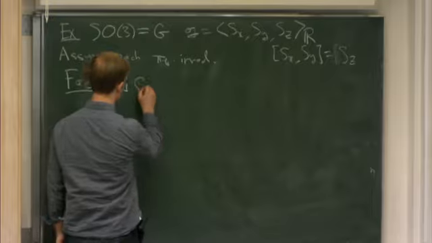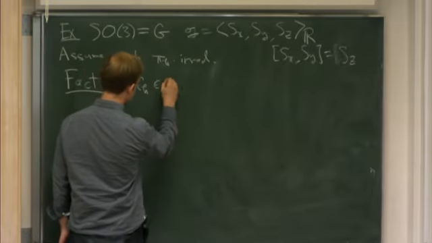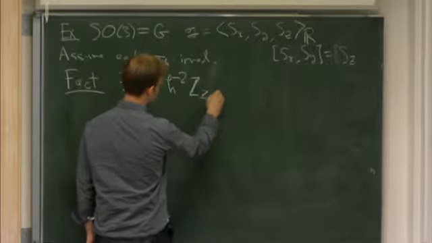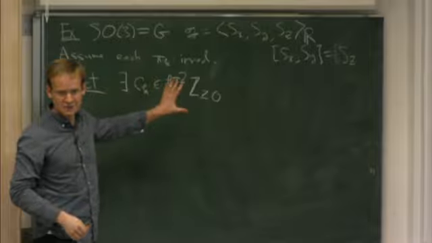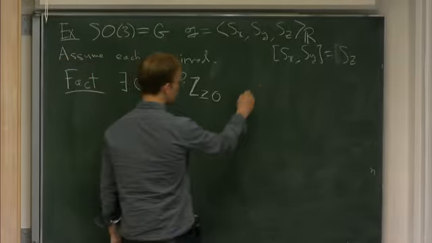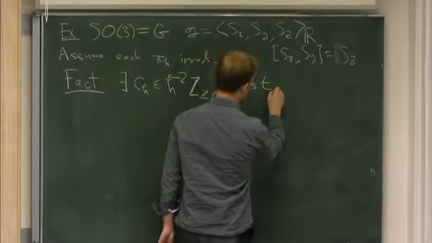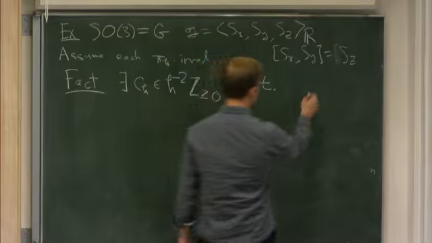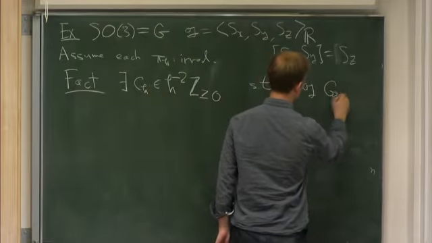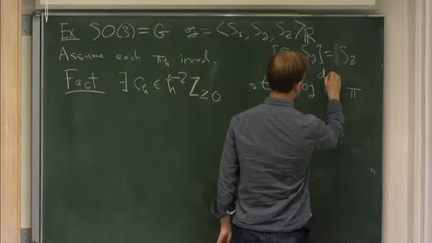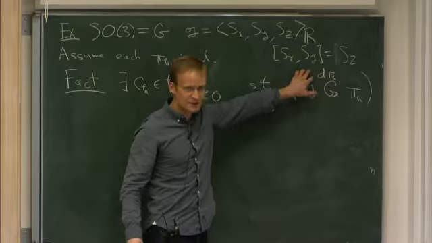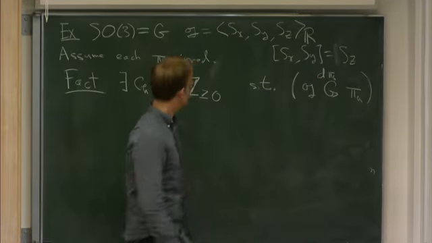So the fact, which I'll state in the following form, is there exists some number I'll call c_h, which will be h to the negative 2 times a non-negative integer, such that, so I'm going to let the Lie algebra act on π_h by differentiating the normal action. I'll denote the differentiated action by dπ_h.